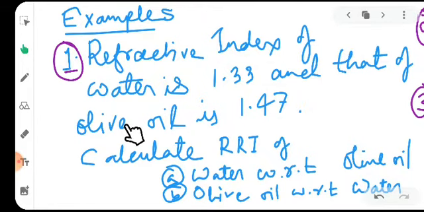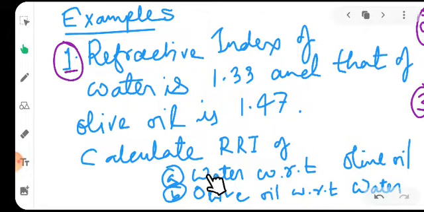See, olive oil is a transparent material which transmits light through it. Now the question is to calculate the relative refractive index. That's what I have abbreviated here. It stands for relative refractive index, RRI, of water with respect to olive oil, and that was the first part of the question, and the second part is olive oil with respect to water.